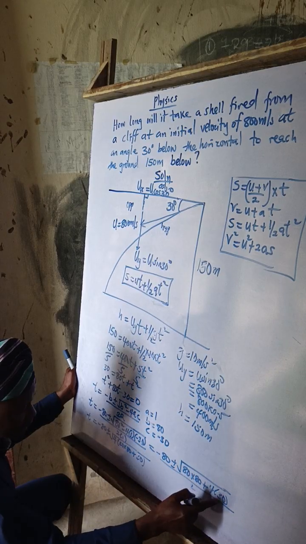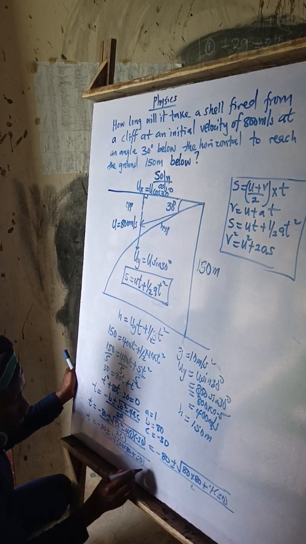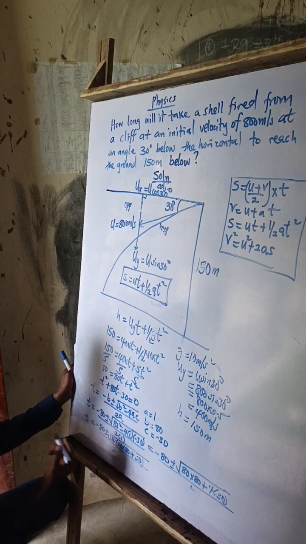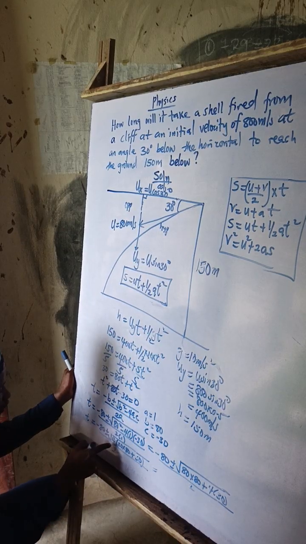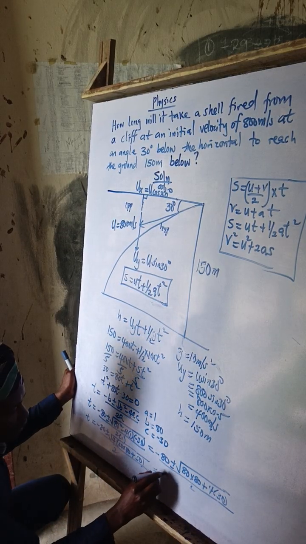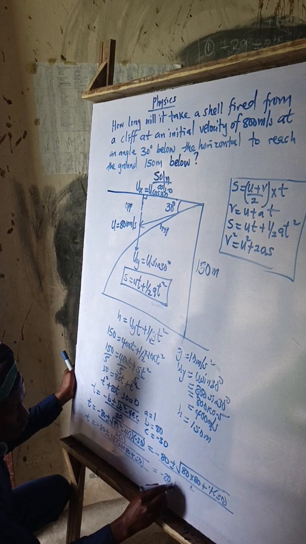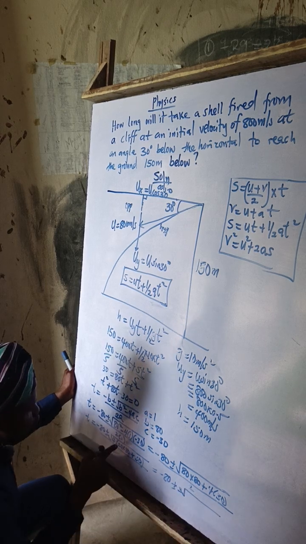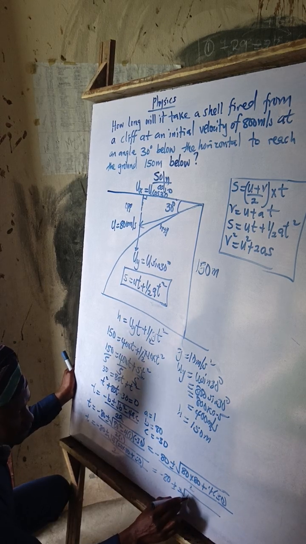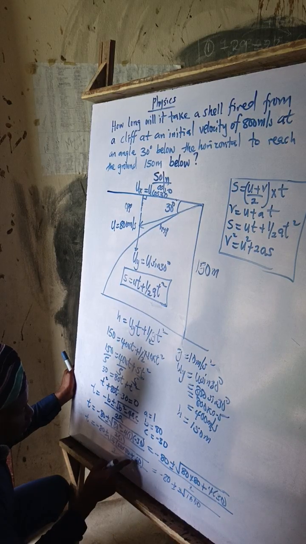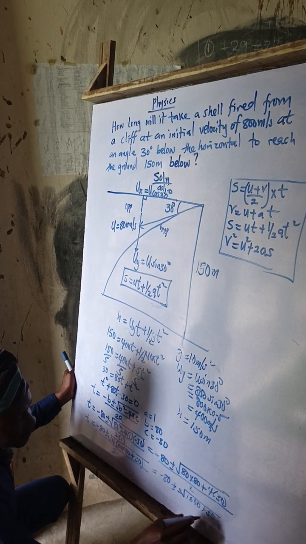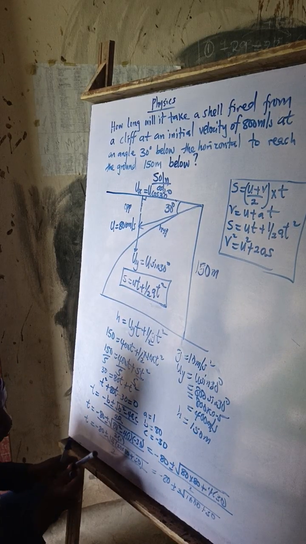When we factorize 4 out, divided by 2. Now when you simplify further, the square root of 4 is 2. Then we have minus 80, then plus or minus 2 square root of 20 times 80, that is 1600, then plus 30. Then we are dividing by 2.